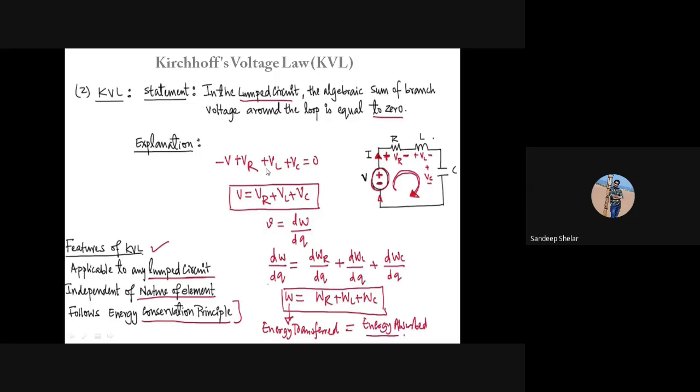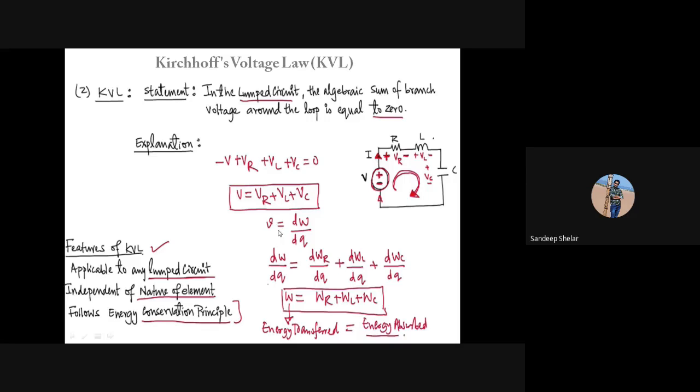Then minus V is shifted to the right hand side, and the equation of Kirchhoff voltage law obtained is V is equal to VR plus VC plus VL. The Kirchhoff voltage law follows the energy conservation principle.